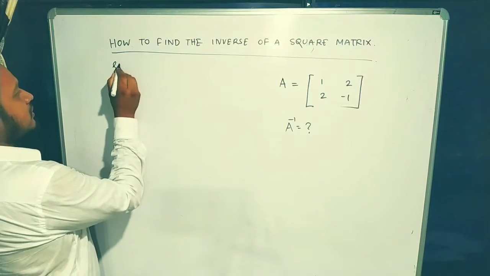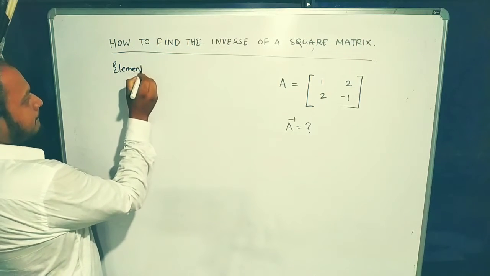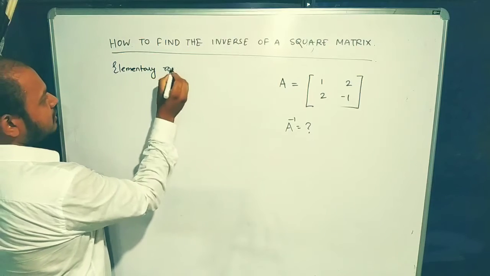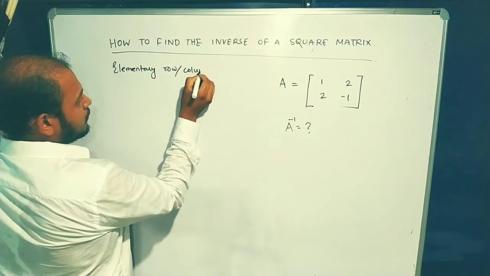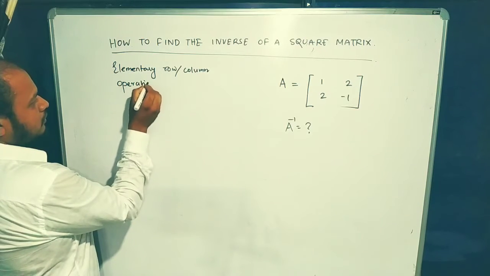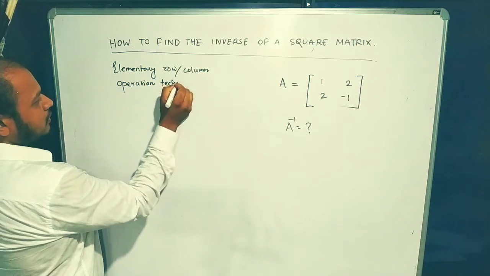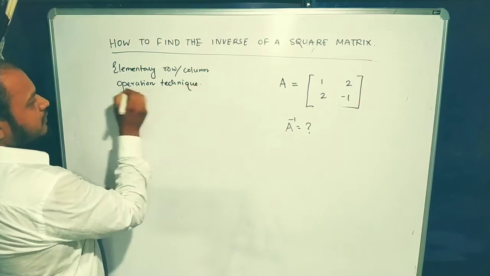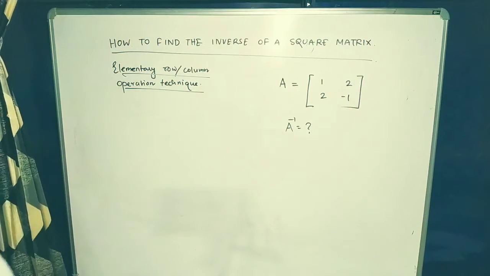So this is known as the elementary row column operation technique for finding the inverse of a matrix.